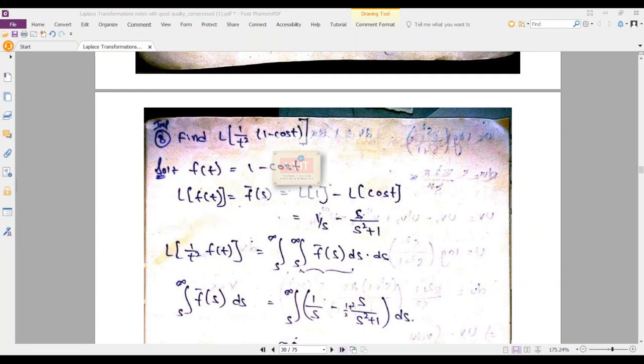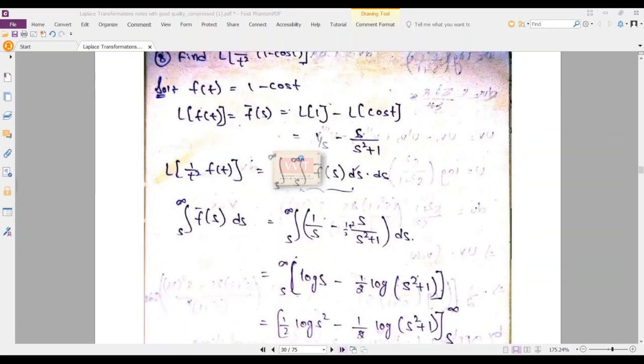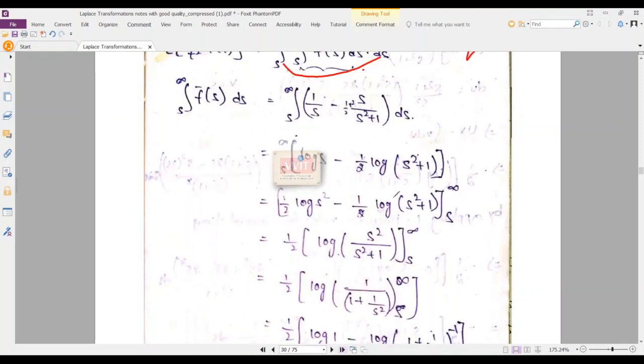Later integrate twice with respect to s, s to infinity ds. So twice integration and simplify that.